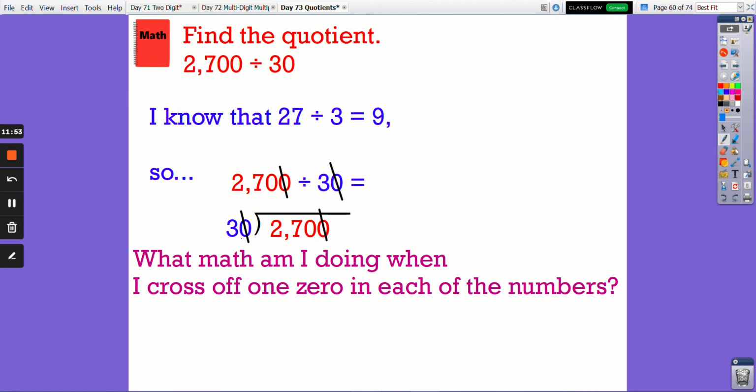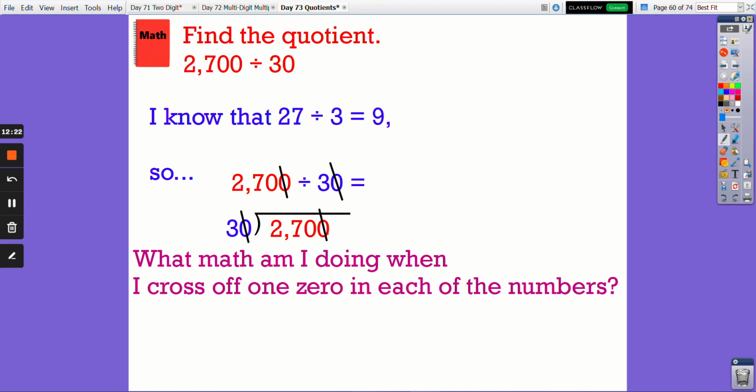So if there is 1 zero in our divisor and we get rid of it, we have to get rid of exactly 1 zero in our dividend. You have to be equal or else you're going to change the value. It's not going to have the same worth. So we need to make sure when we cross off zeros, we're doing it equally, the same in the divisor as we do in the dividend.